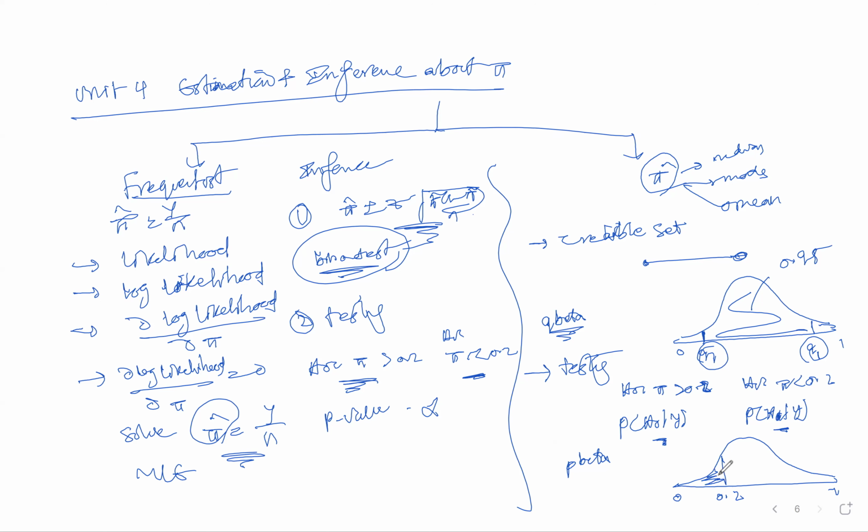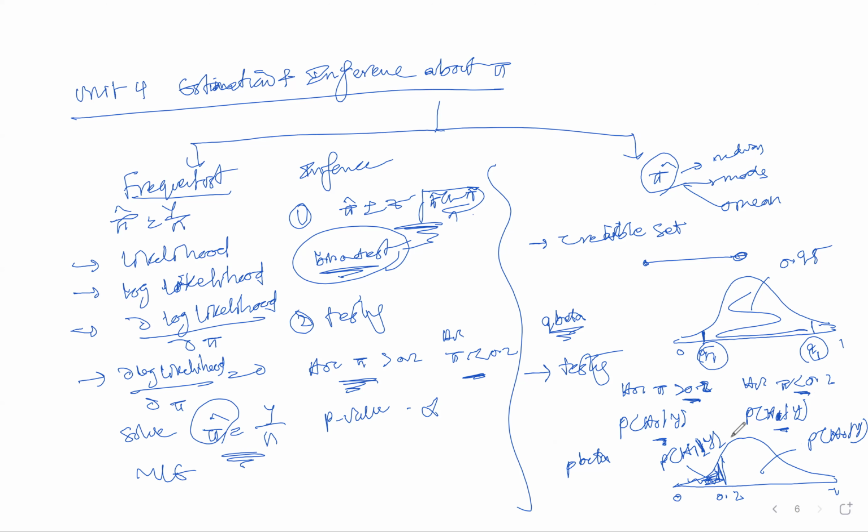This area is the probability less than 0.2, the area under the curve less than 0.2. This one is the probability of H1. And this one will be the probability of H0 given y. I forgot to write given y, given we collected the data. And you compare these two probabilities and take your decision.